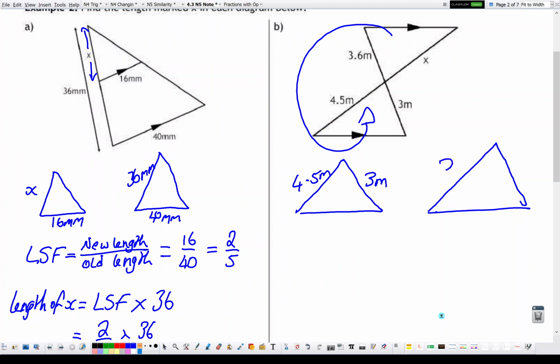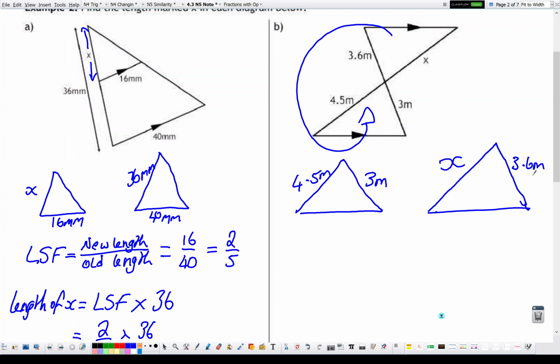So that means this is x, that's the missing side. And this side on the right is my 3.6 meters. If you're struggling to visualize that, literally just turn your screen upside down or your phone upside down, whatever, and you should be able to see it better.